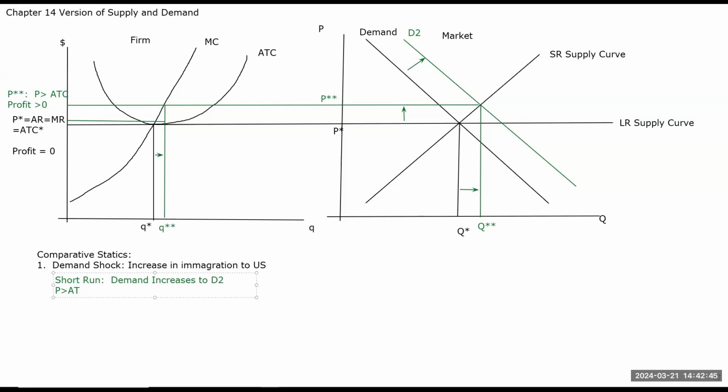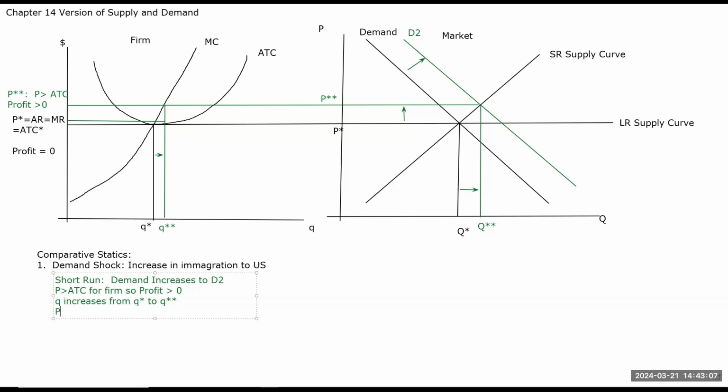Price is greater than average total cost for the firm, so profit is greater than 0. Q increases from little q single star to little q double star.